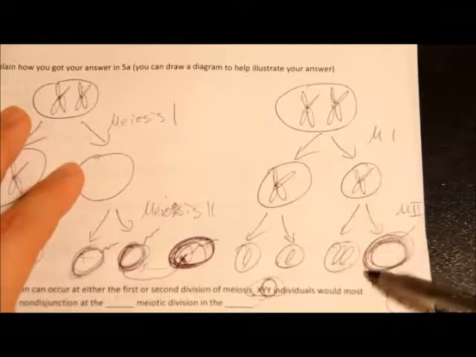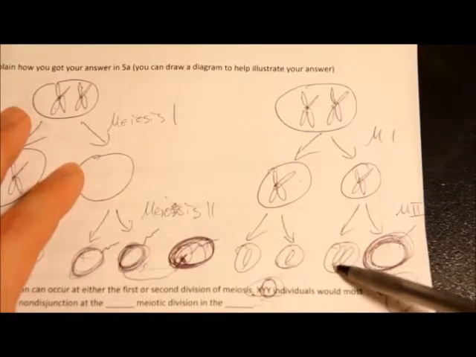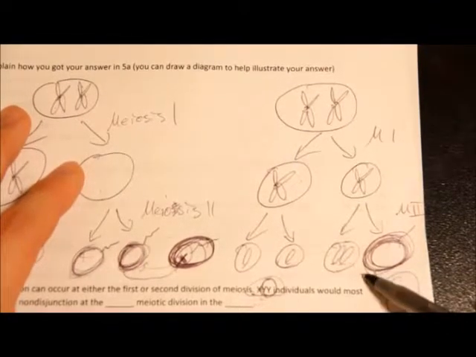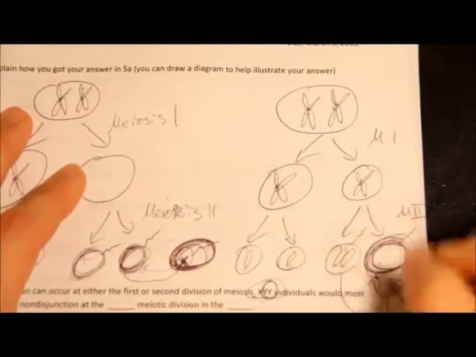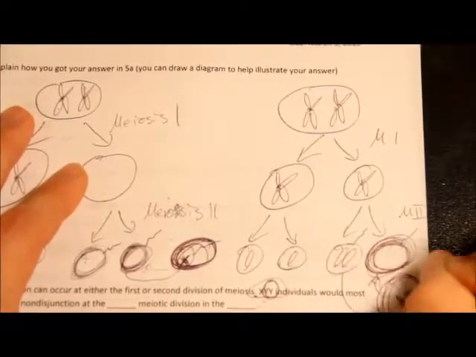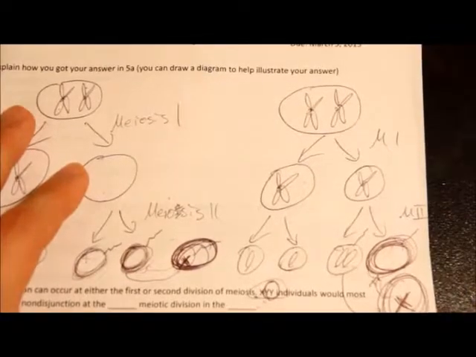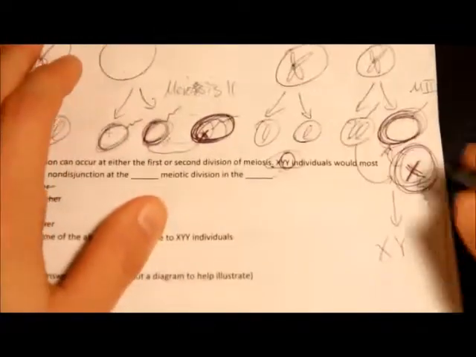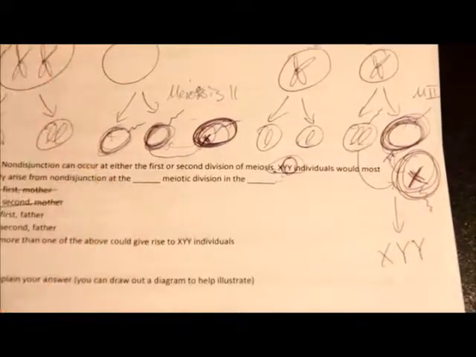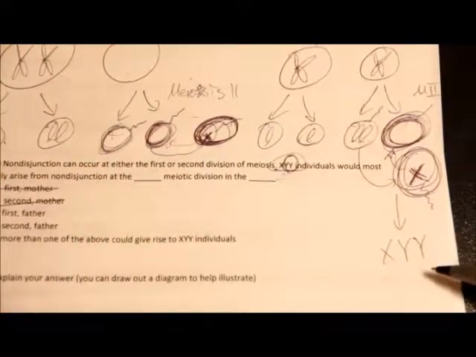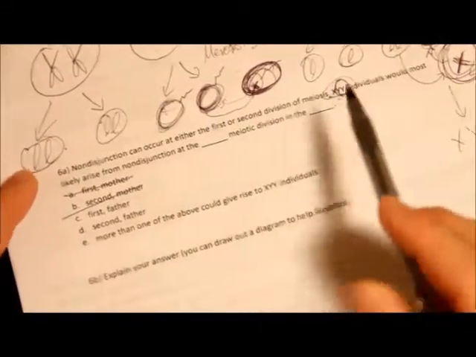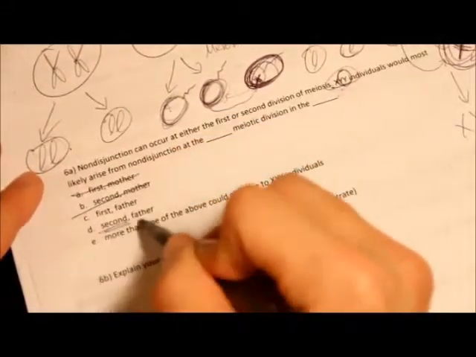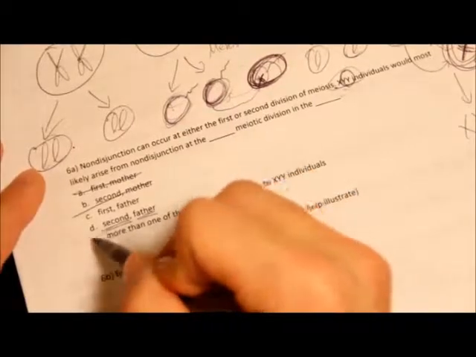This would result in 2 Y chromosomes that would fertilize an egg that has an X. This would result in an XYY. Meaning that it is the non-disjunction at the second division in the father. So the answer is D.